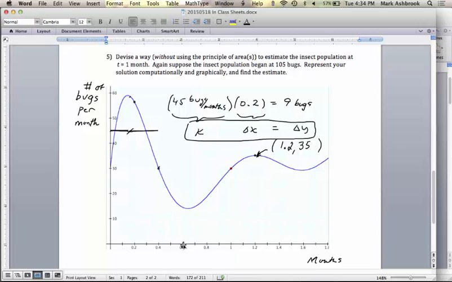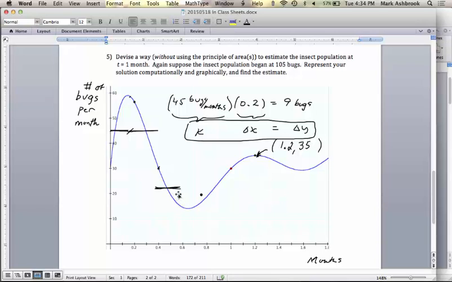Okay, and then from 0.4 to 0.6, it goes from 30 to about 15. What's halfway between them? 22.5, something like this. And then from 0.6 to 0.8, 20, that's fine.